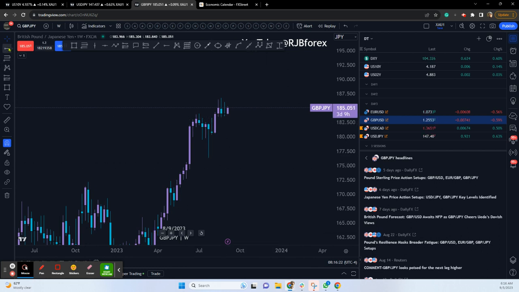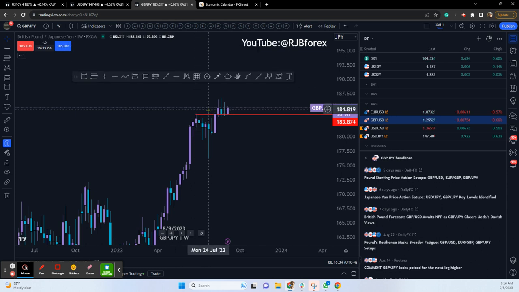Right, so we're sort of at support here. We've come up, pulled back, we've broken. Well, actually, these are the highs there, so we'll mark that as support. So with this bullish impulse over the last, what was this? This was back in early August. Strong impulse, breaking resistance, topping out.